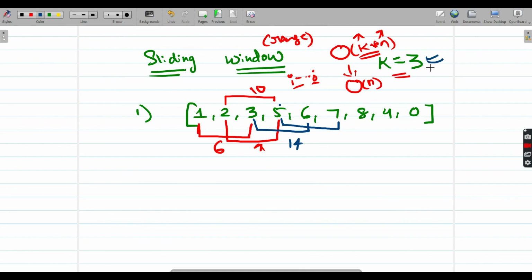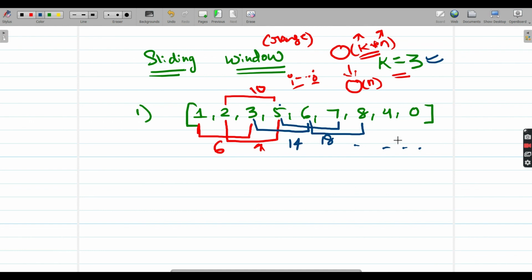That we also need to ensure in this problem. We should always maintain a window of size k, and we should be able to slide by one position. Now 5 plus 6 is 11 plus 7 is 18, and again I'm sliding by one position. Every time I'm sliding by one position and maintaining the size of the window, and so it goes on.